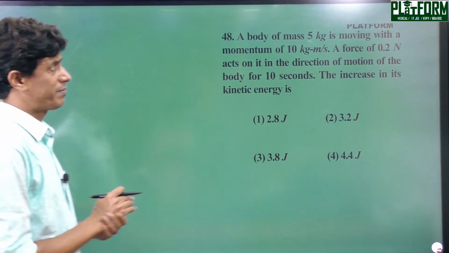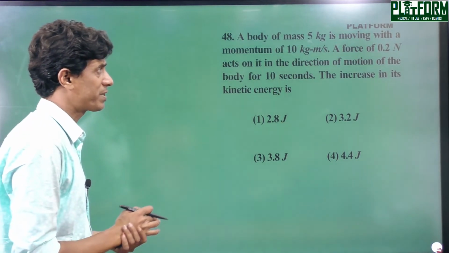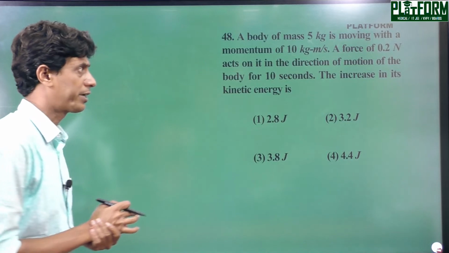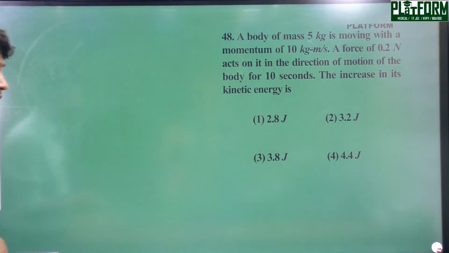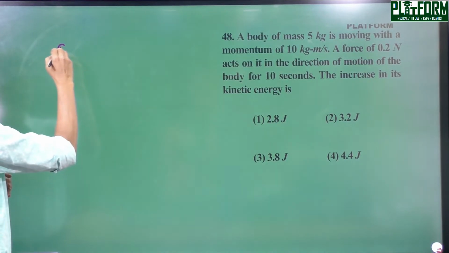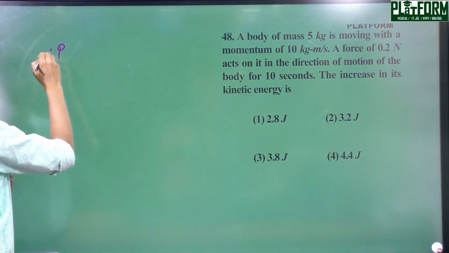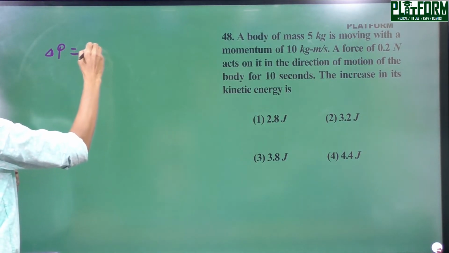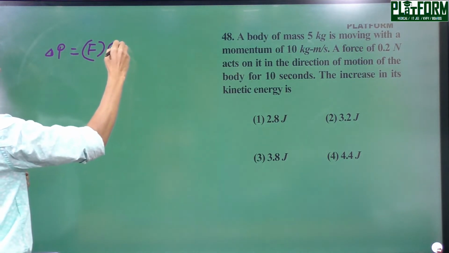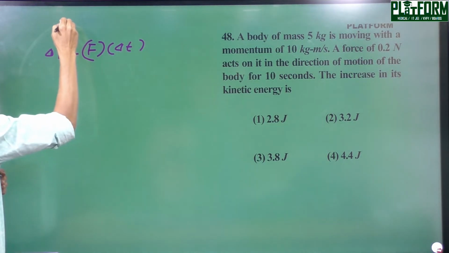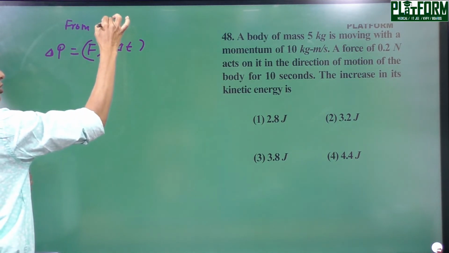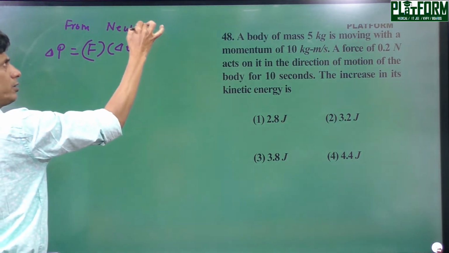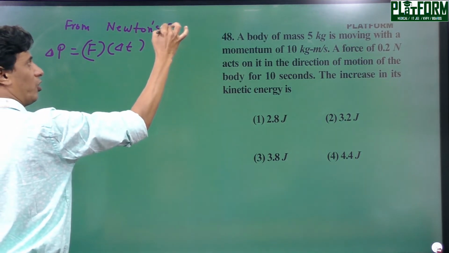A body of mass 5 kg moving with momentum 10 kg meter per second, a force of 2 Newton acts in the direction of motion of the body for 10 seconds. We have to find the increase in the kinetic energy. First of all, the change in momentum is force into time, from Sir Isaac Newton's second law.